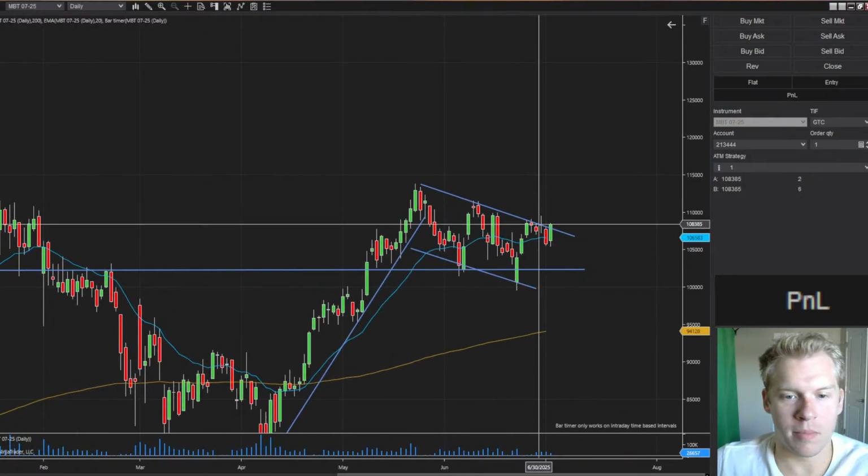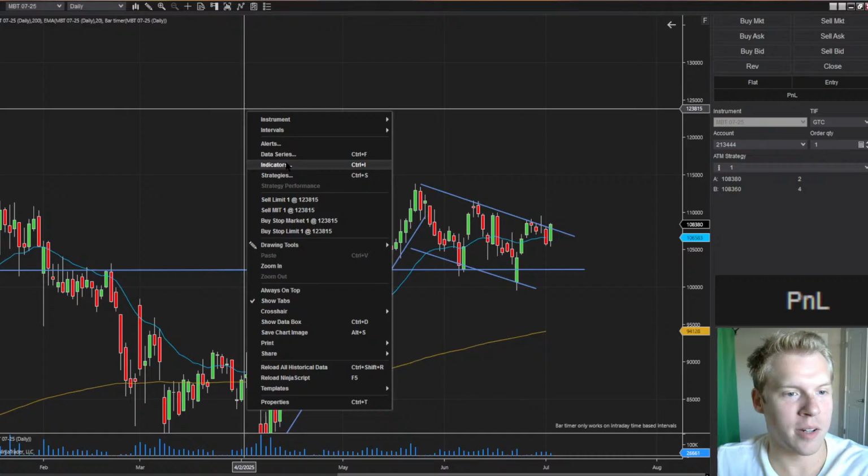Here's a Bitcoin chart. Let me add in the watermark.